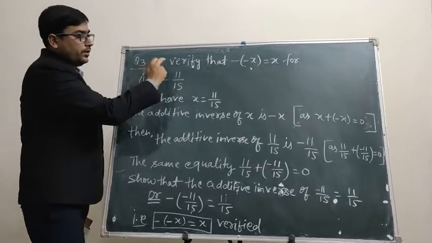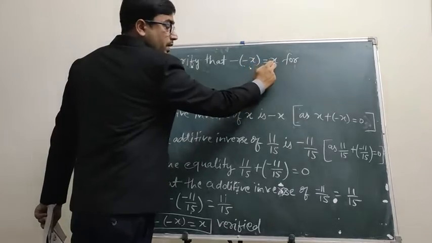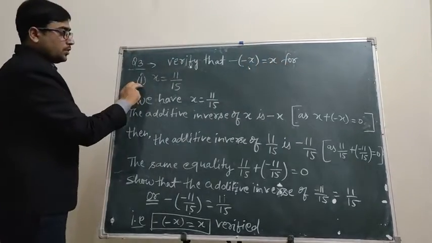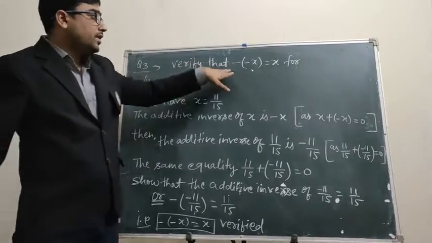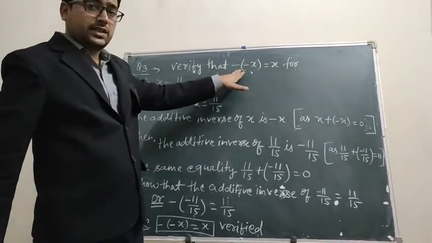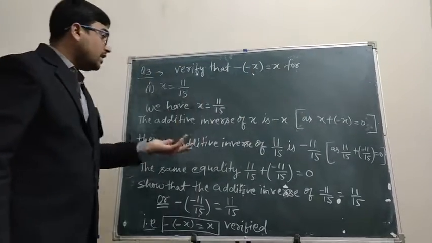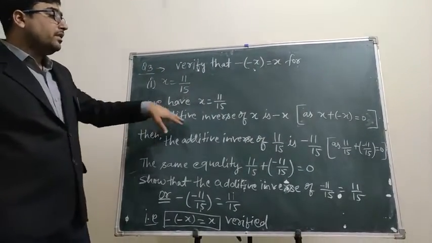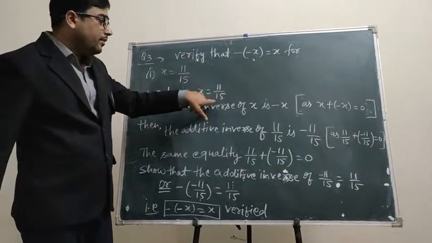Question 3: verify that minus of minus x equals x. For the first question, x equals 11 by 15. To verify, you have to take LHS or RHS. You can solve by LHS or RHS also, but here we use the additive inverse property. So we have x equals 11 by 15.